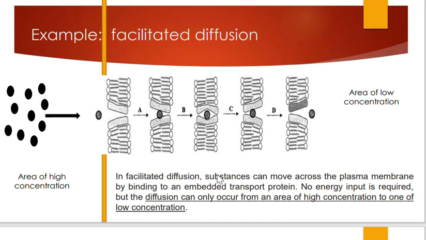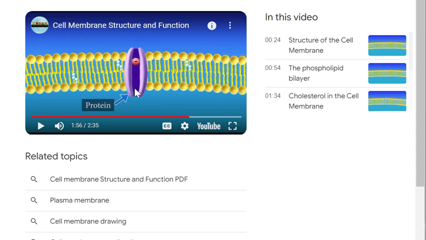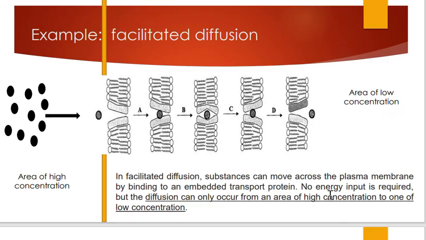So again, we have here an example of facilitated diffusion, just like what I had in this video. So this is following facilitated transport, where you have one big molecule here. Okay, so for this example, we have here an area of high concentration.